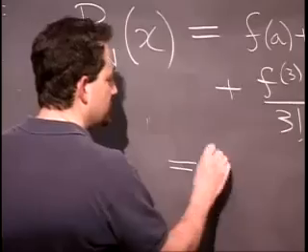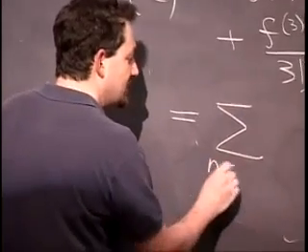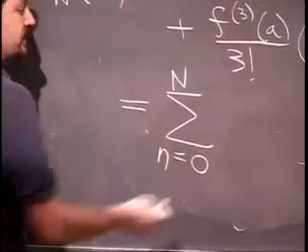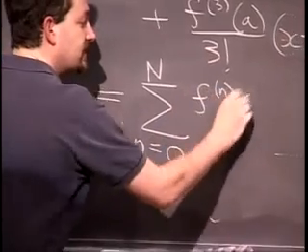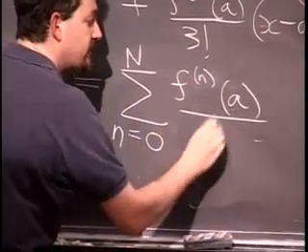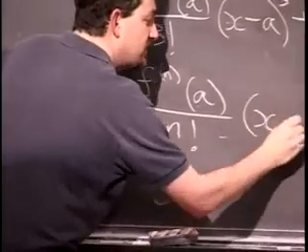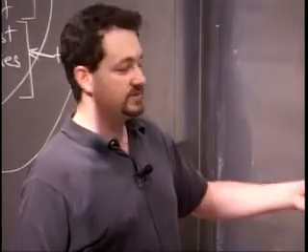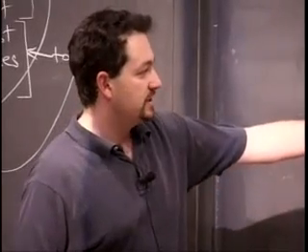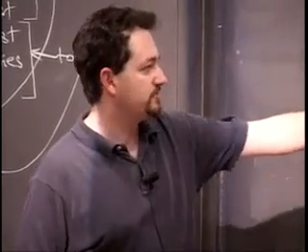Now, it does have a nice form in sigma notation, which looks like this. The sum from little n equals 0 to big N of the nth derivative at A over n factorial times x minus A to the n. And that clearly matches the previous expression, at least for 3 on up, even for 2.